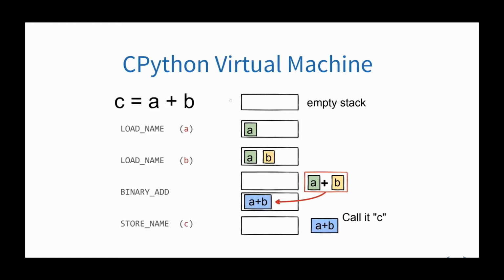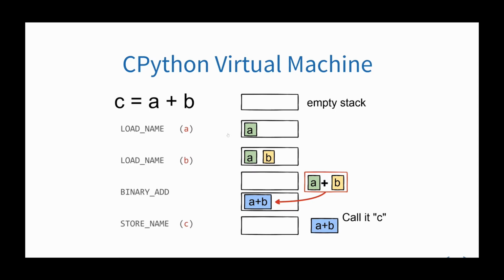So to understand the bytecode, we have to learn a bit more about the virtual machine. CPython's virtual machine is a stack machine. What that means is CPython uses a stack to do all the computations. So at the start of the program, the stack is empty, and then we encounter the first bytecode, which is LOAD_NAME with an argument a.